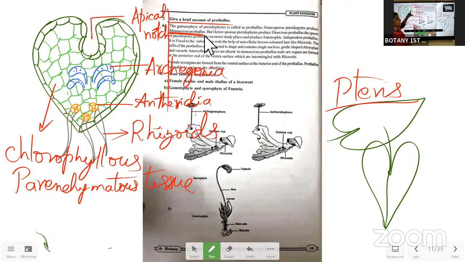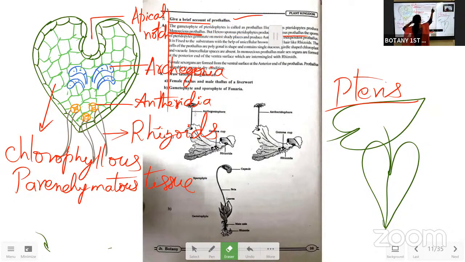So we say the prothallus is monoecious in nature, having the male and female sex organs on it. Now comes the next one. No need to write that heterosporous pteridophytes produce dioecious prothallus, because here we are talking about this prothallus. Now we have to directly say the points of the prothallus.